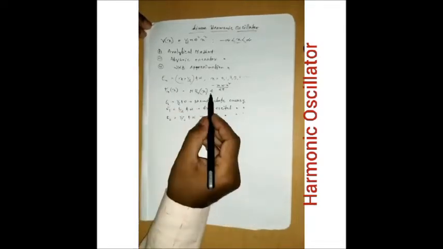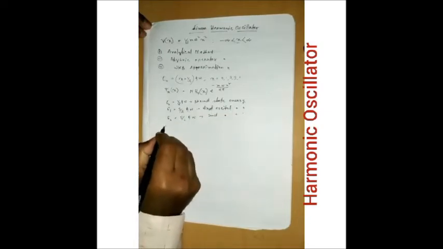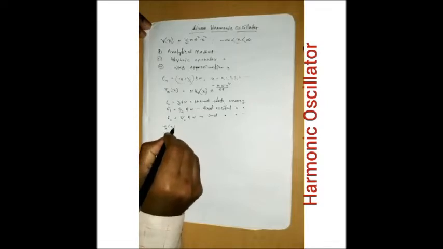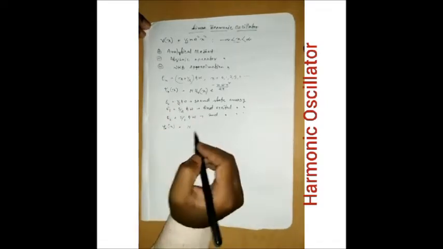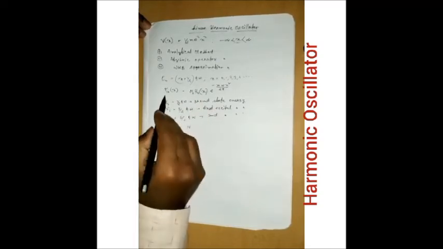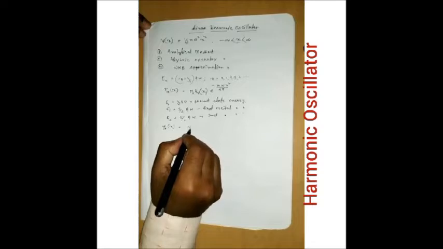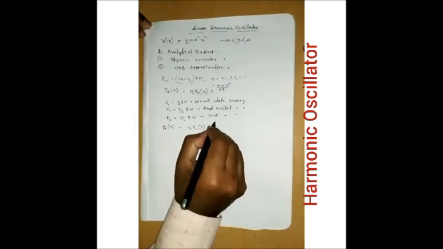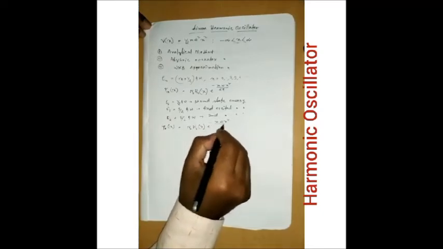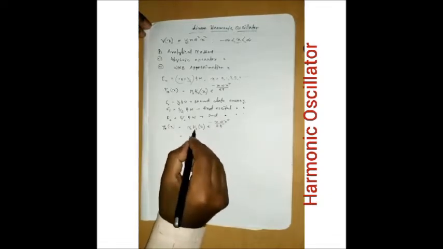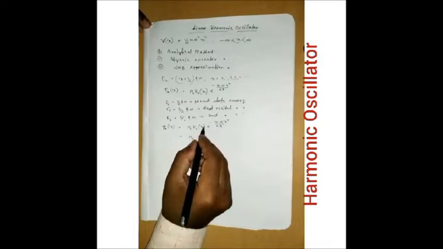And what will be the wave function for the different states? If I take n equal to 0, that means for the ground state, psi0(x) equals the normalization constant, let us call it N0, since n equal to 0, times H0(x) and e to the power minus mωx² upon 2ħ. Further, if you solve it, what is the value of H0(x)?